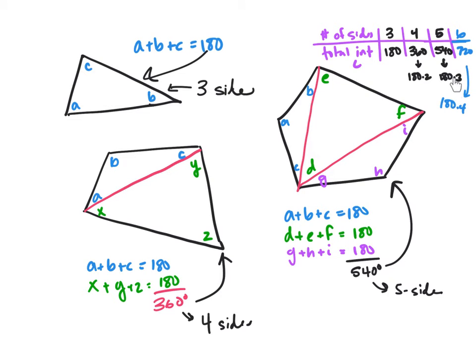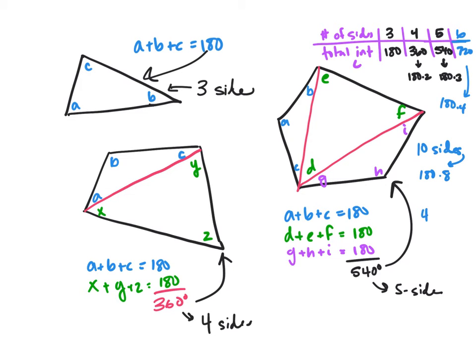Or I could notice that I'm always multiplying 180 by a number that is 2 less than the number of sides. Here it was 180 times 1, and that's 2 less than 3. Here it was 180 times 2, and that's 2 less than 4. Here it was 180 times 3, which is 2 less than 5. So if I was doing 10 sides, that would probably be 180 times 8.